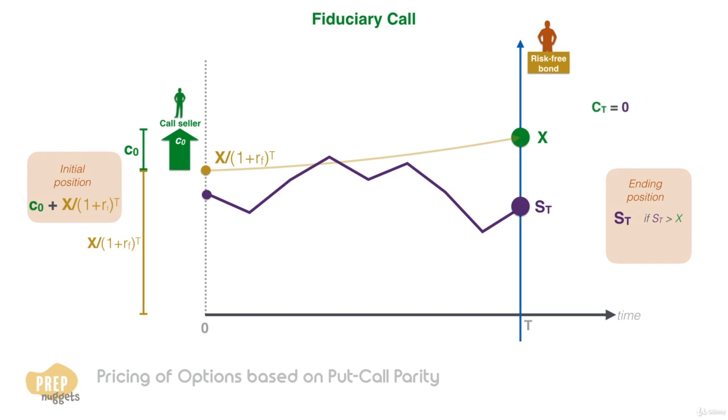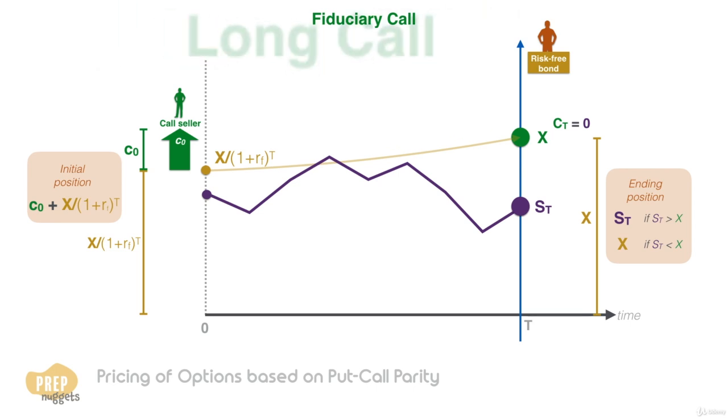The ending position of the investor when the call option expires out of the money is therefore X. This strategy is known as a fiduciary call. It's a strategy made up of a long position in call option and a long position in a risk-free bond.